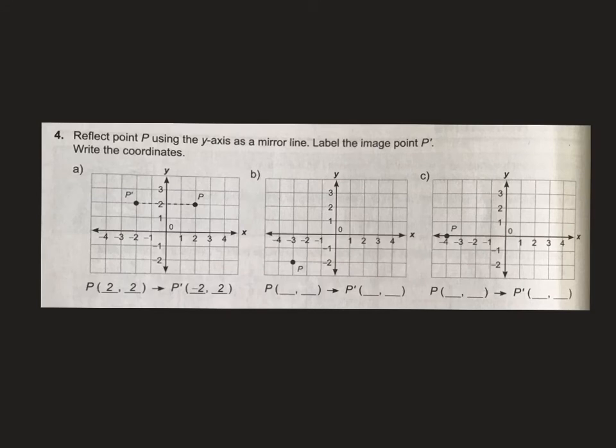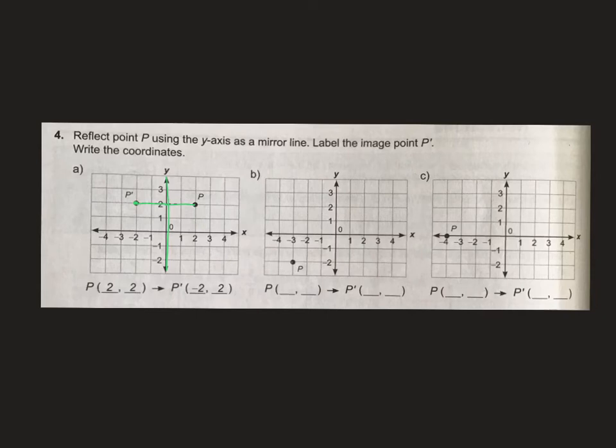Question 4 is going to be quite similar to our previous questions, but now instead of using the x-axis as the mirror, we're going to be using the y-axis. So the line that we're crossing is actually here. We'll notice we've got P, we've moved 2 places, so we go 2 more places, and that's where we get P image, and you write in the coordinates for each of them.